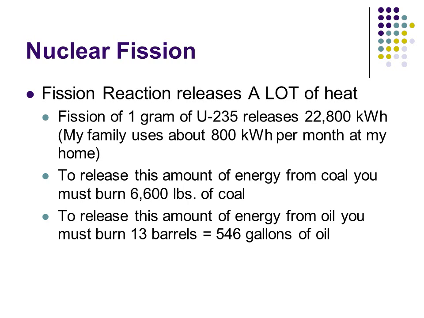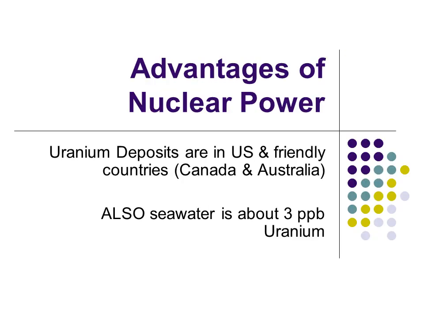And this is what's contained in 1 gram of uranium-235 when it undergoes fission. Compare this to coal. I would have to burn over 3 tons of coal to get that same amount of energy. So huge amounts of energy are released from the process of fission.